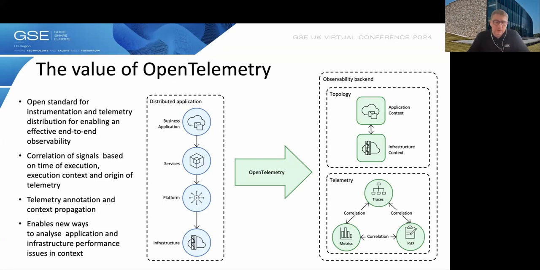Specifically, we are looking at semantic conventions. We will hear about that more as we progress, but we are also looking at porting the OpenTelemetry components to the mainframe. So you have seen the OpenTelemetry collector, but we also talked about code instrumentation, SDKs. The aim here is to make them available for the mainframe.